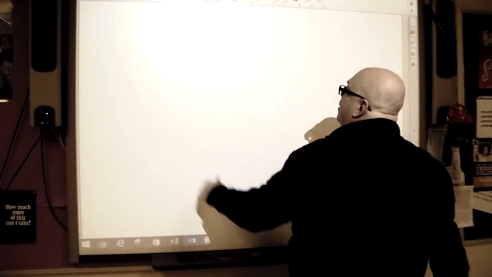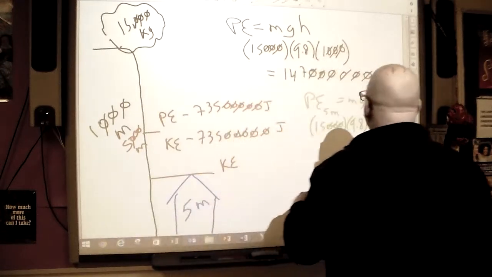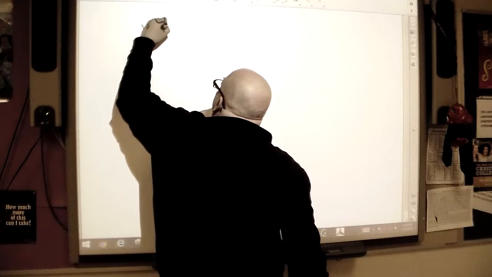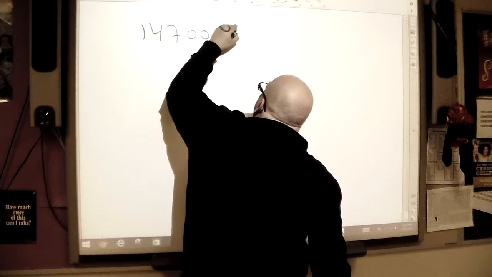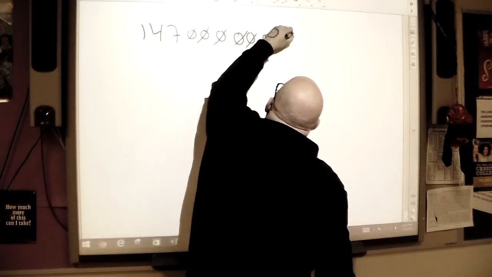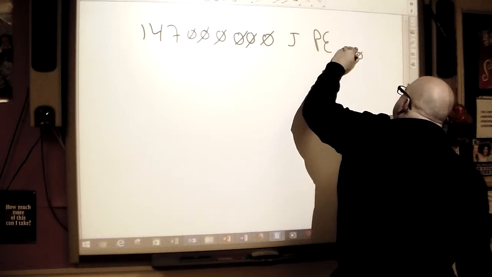I have to go back and remember what I wrote. I have 147 with 6 zeros, excuse me. That was the joules. That's the potential energy at 1,000 meters.